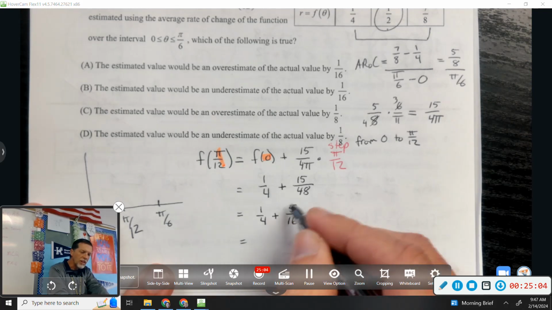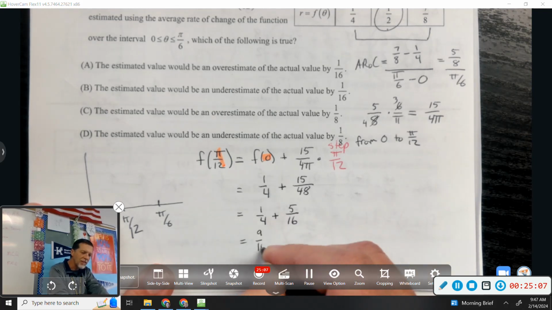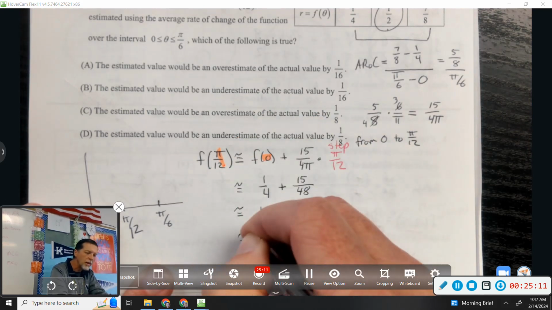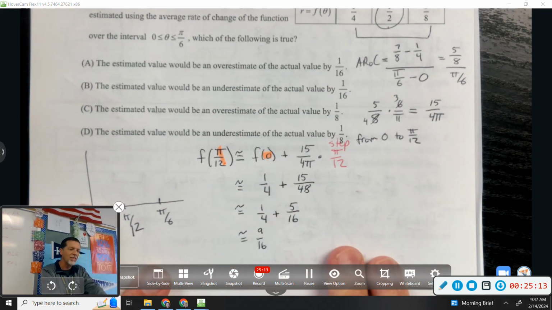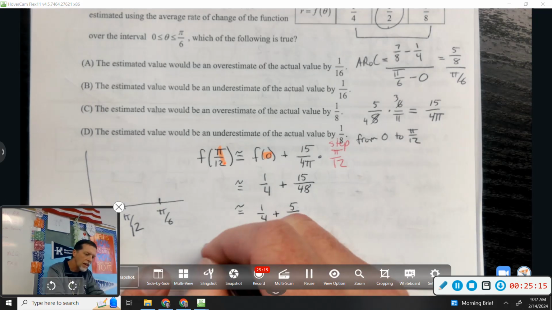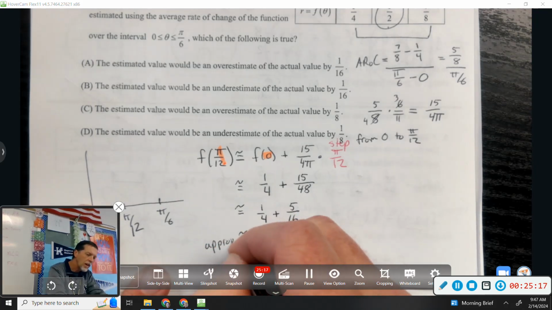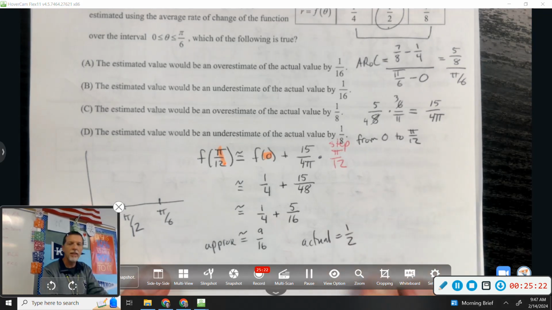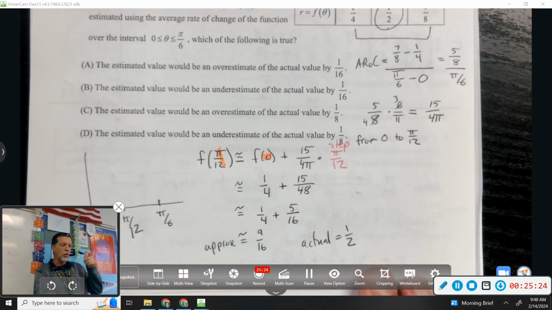4/16 plus 5/16 is 9/16. Whoops, this was an approximation though. That was the whole point of this problem. My approximation is 9/16. My actual from the table is 1/2. So my approximation is over.